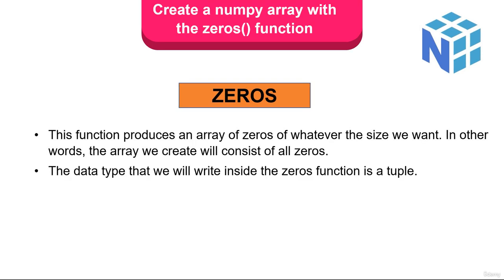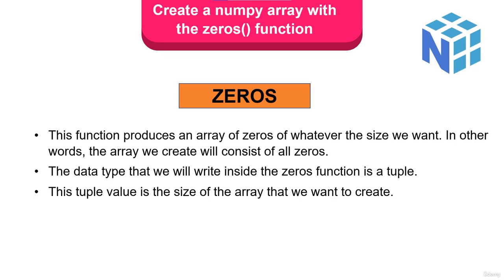So the data type that we write inside the zeros function is a tuple. This tuple value is the size of the array that we want to create. So for example, if we make a two-dimensional matrix array, we will enter 2 values into the tuple. If we create a 3-dimensional array in space, well, we'll enter 3 values into the tuple.